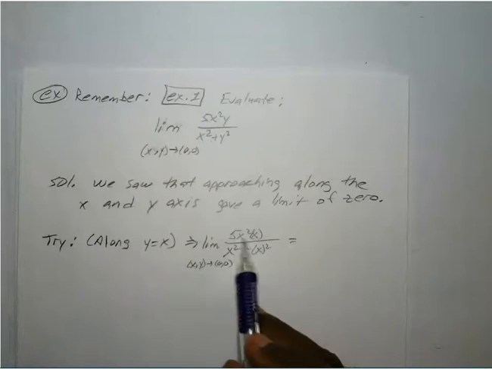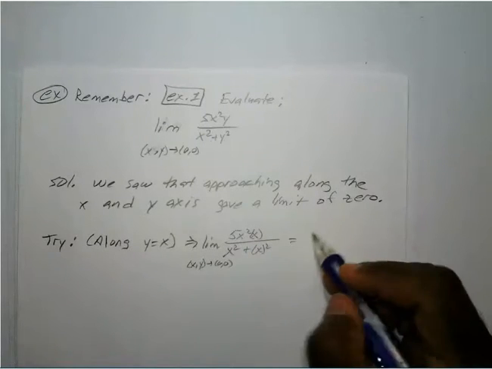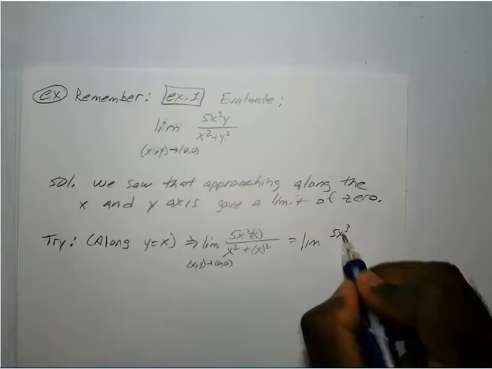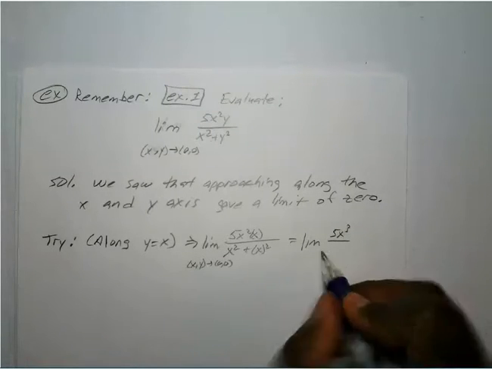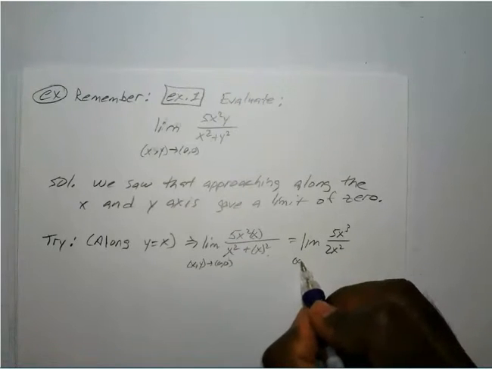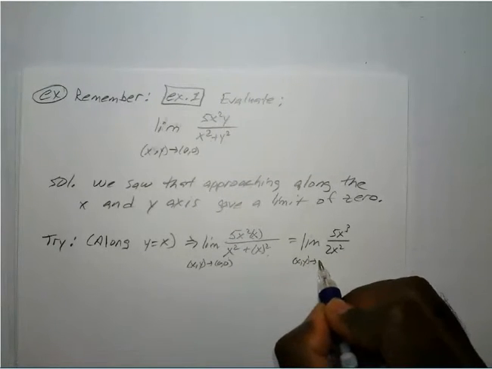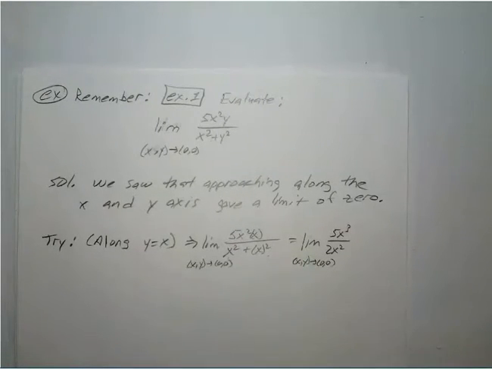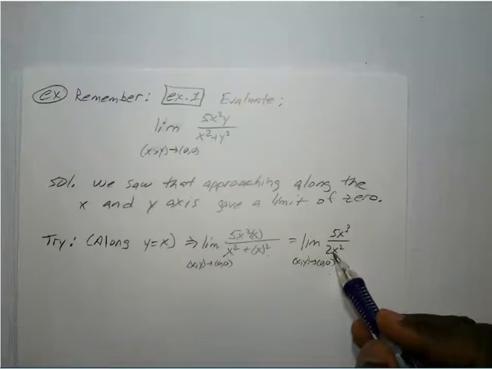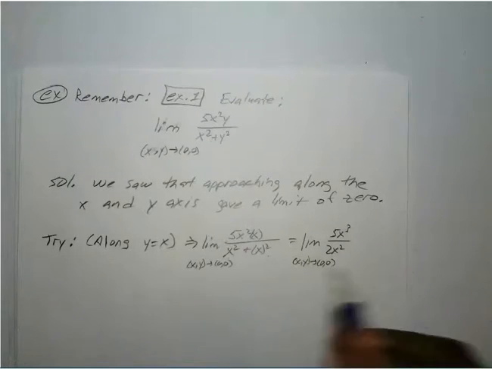That means you have 5x to the third over x squared plus x squared, which is 2x squared. When these cancel out, you're going to get 5x over 2.